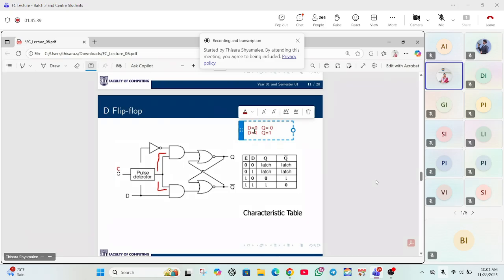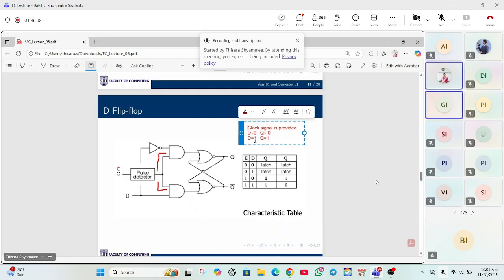Only if the clock signal is provided, then D equals 0 gives Q equals 0, and D equals 1 gives Q equals 1.